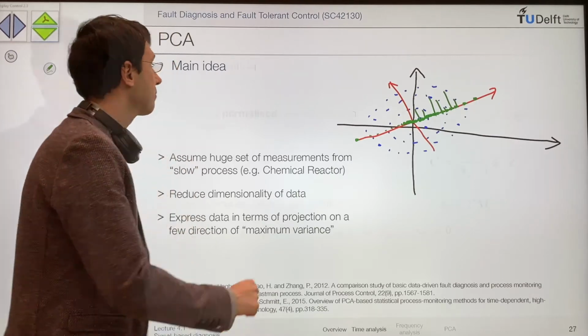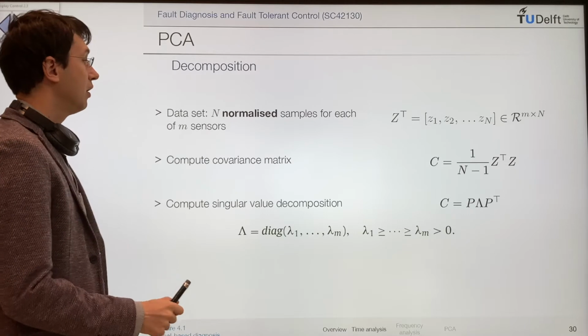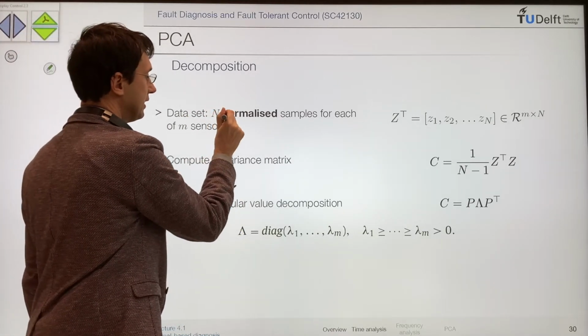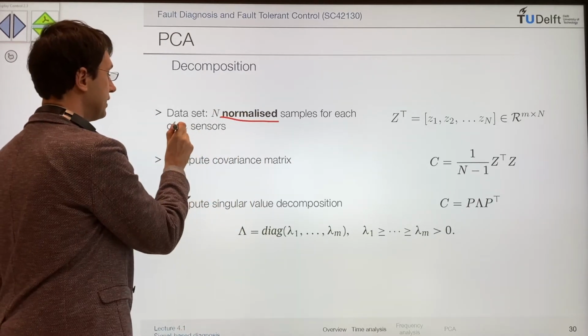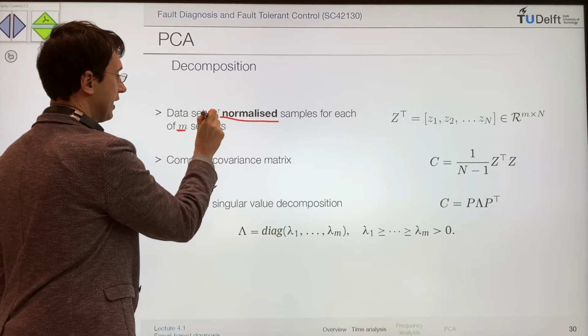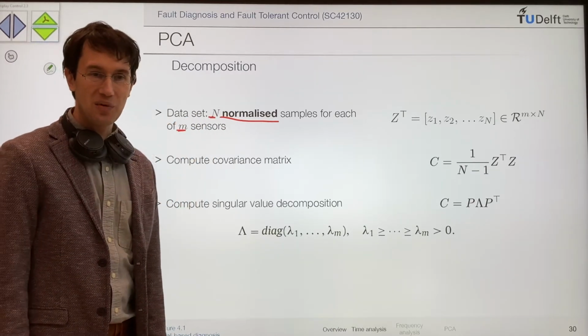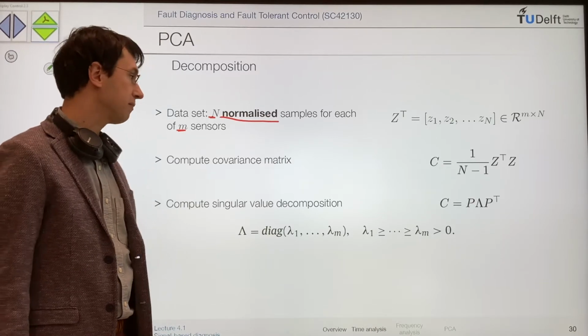Let us see how. From a mathematical point of view, we assume to start with n normalized samples for each of the m sensors. So we have n samples coming from m sensors. So we have a data set that is a matrix, not a vector.